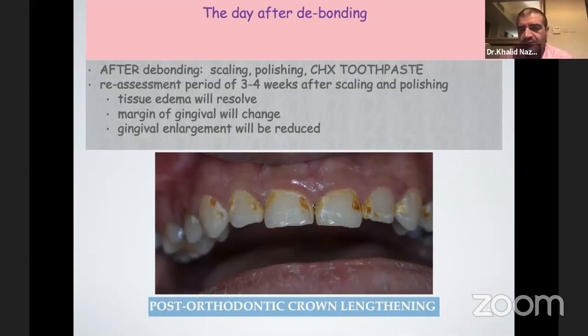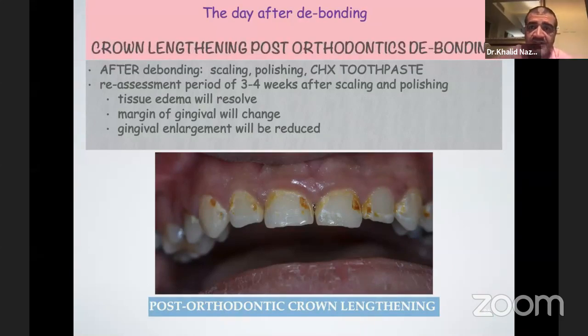Usually, when patients come to me after debonding, I never make a decision about the aesthetic planning of the case. I wait, I do the scaling, polishing, and I put the patient on chlorhexidine toothpaste to reduce the inflammation and to allow the tissue to become a little bit more fibrotic. Then I do a re-evaluation about 3 to 4 weeks later, to see how the edema has resolved, and how the margins are going to end up stabilized.